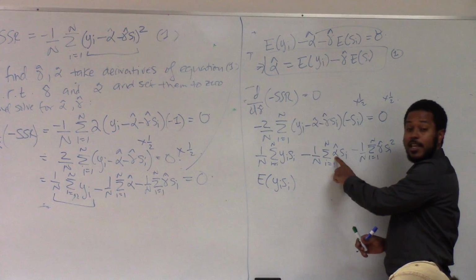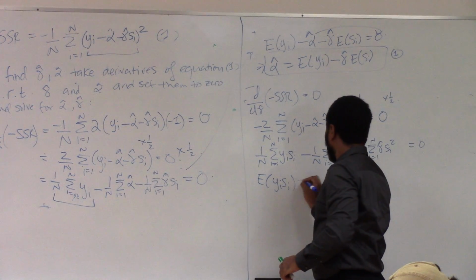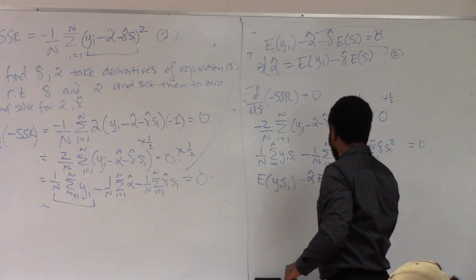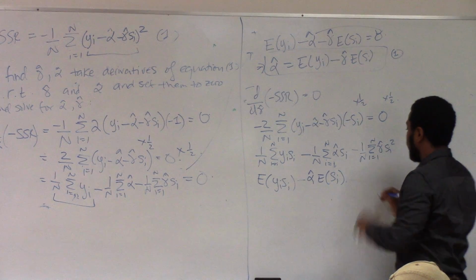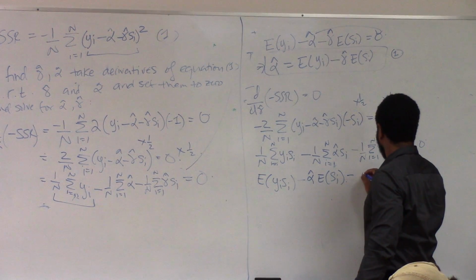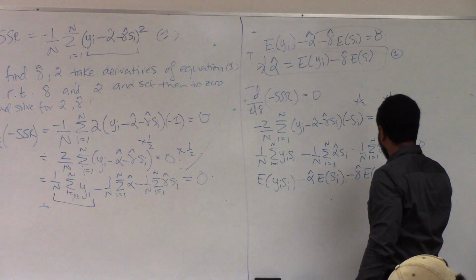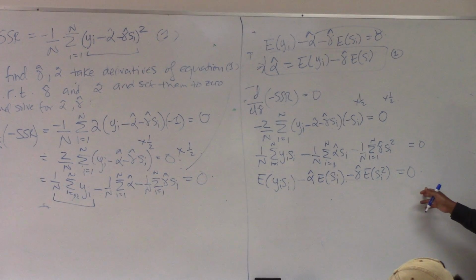This term here, we're just going to take out a factor of alpha, and so that's going to give us minus alpha hat times the expected value of si. And this term here is going to give us minus gamma hat times the expected value of si squared, and that's going to equal 0. Everyone follows this so far?